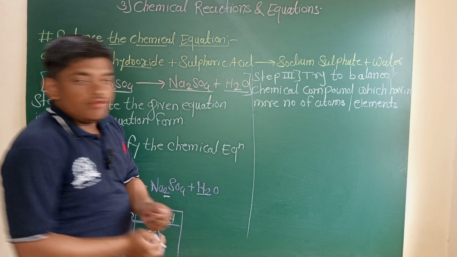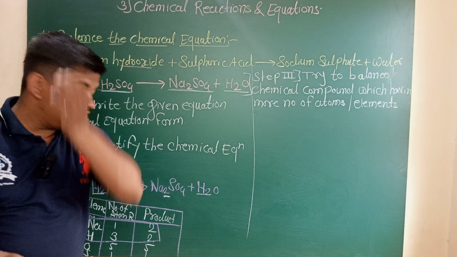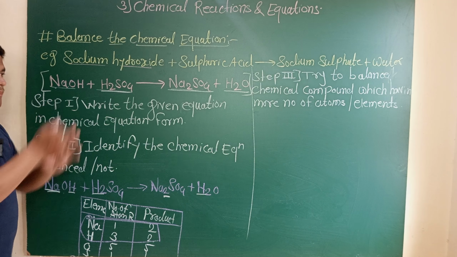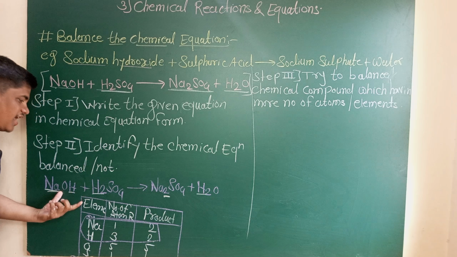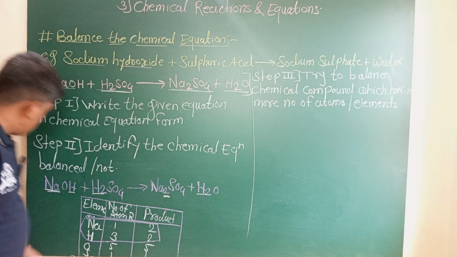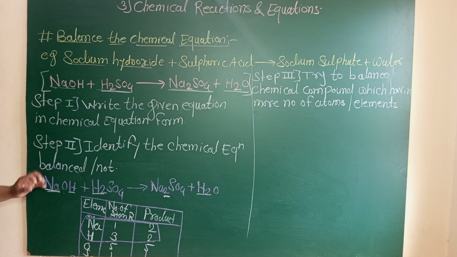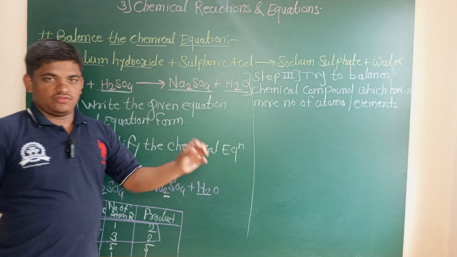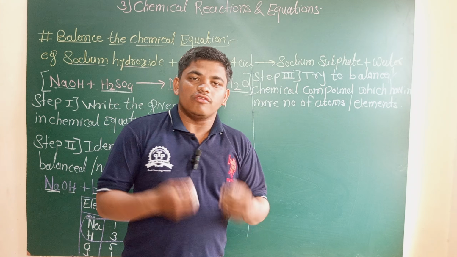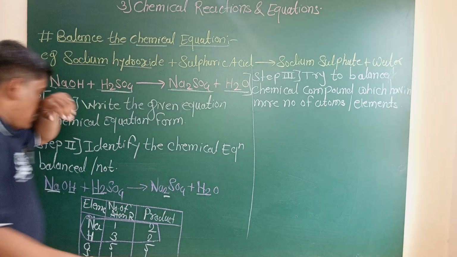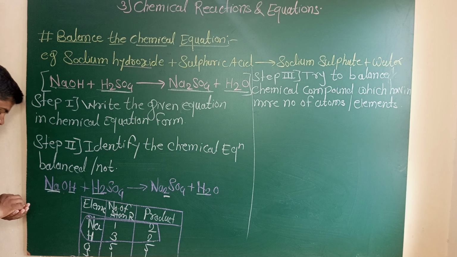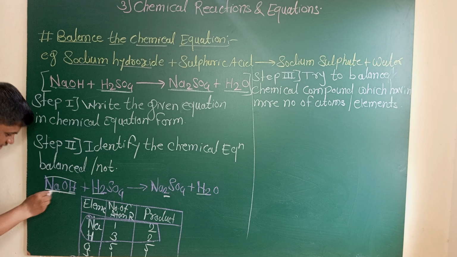Now let us calculate the number of atoms included in the chemical compounds. A total of 4 chemical compounds are included in the chemical reaction: 2 are reactants and 2 are products. Let us count the compound which has the greater number of atoms. The first reactant has one sodium atom, one oxygen and one hydrogen, so 3 atoms.